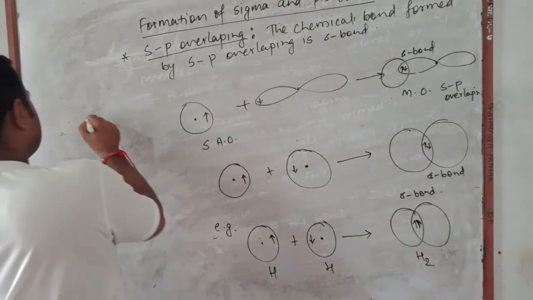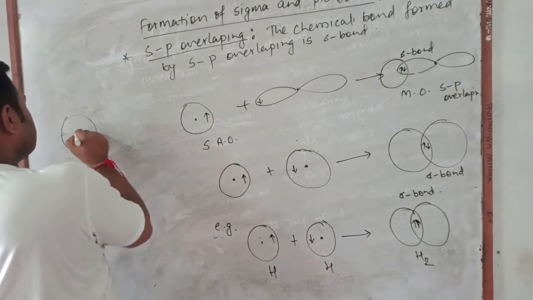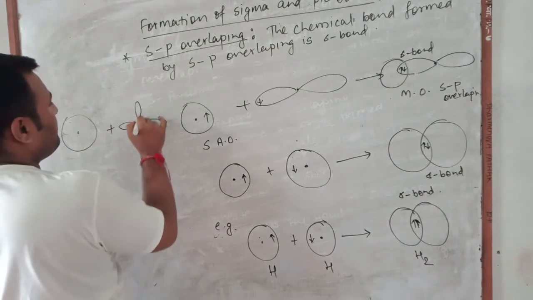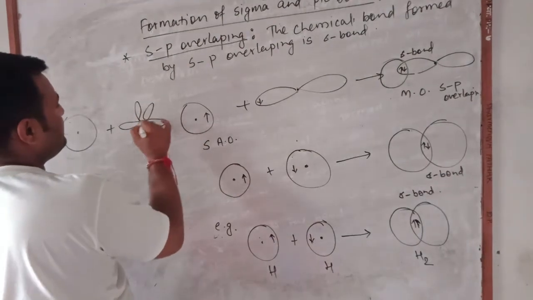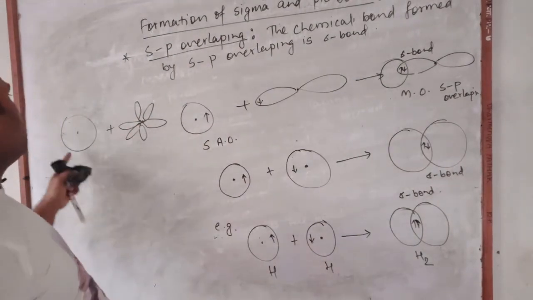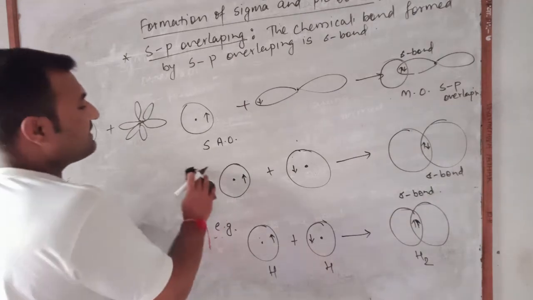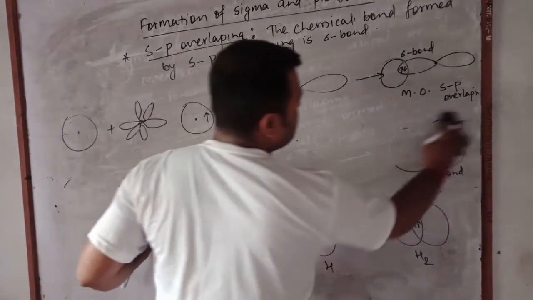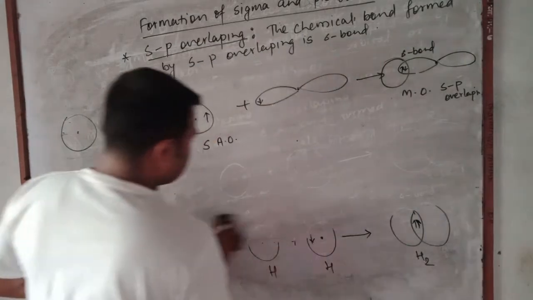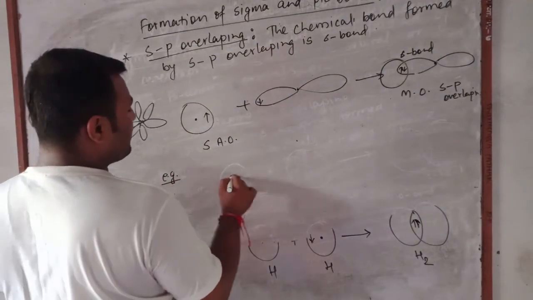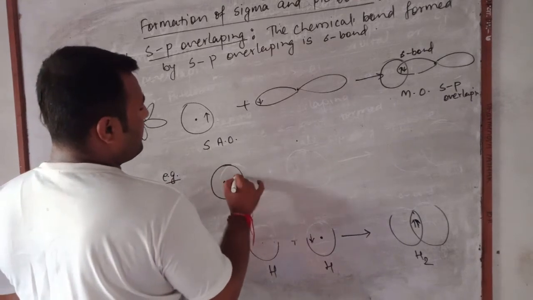Here s is spherical in shape and p may be px, py or pz. It doesn't matter. When they overlap, sp overlapping takes place and it causes sigma bond formation. An example of such sp overlapping is hydrogen.